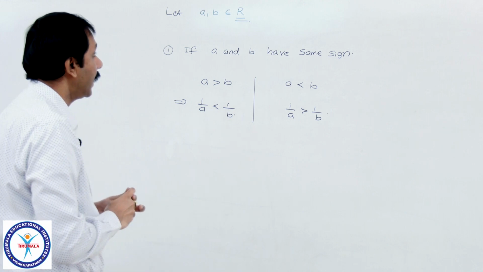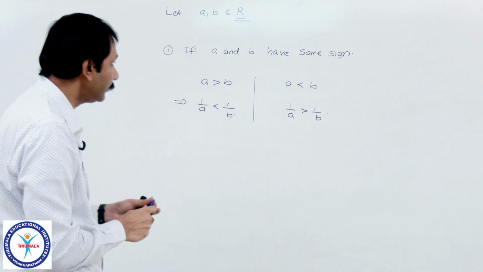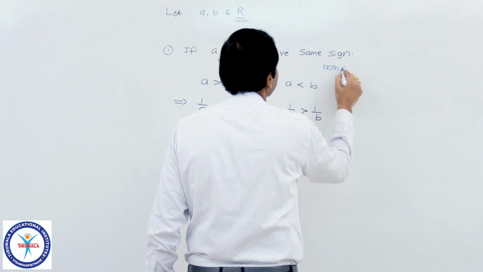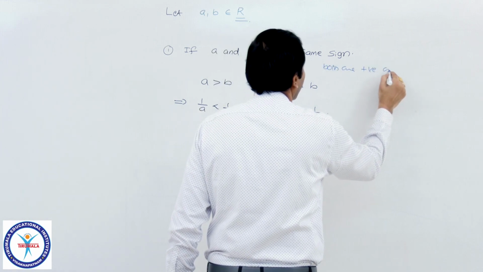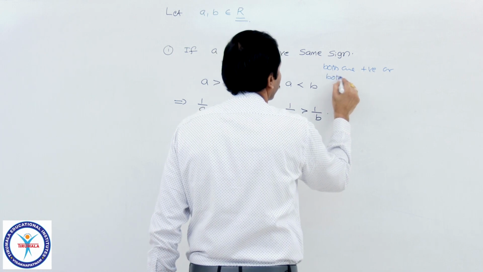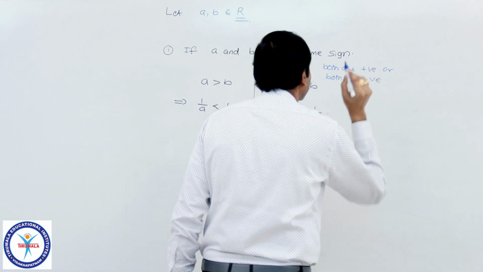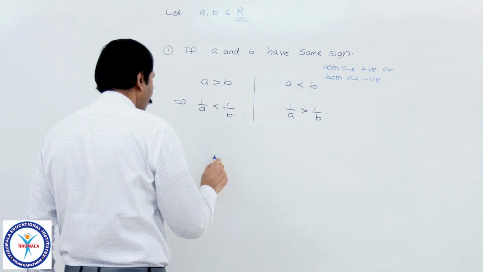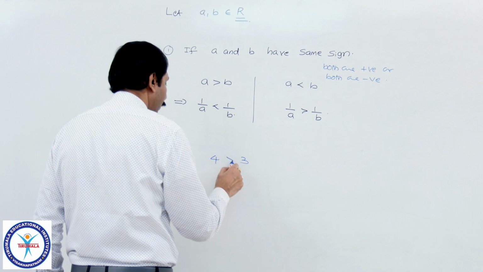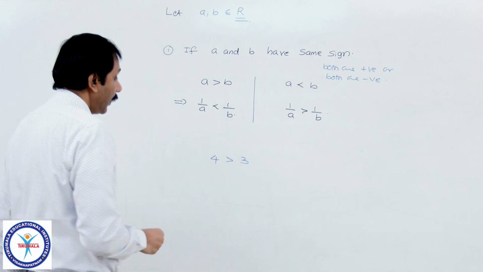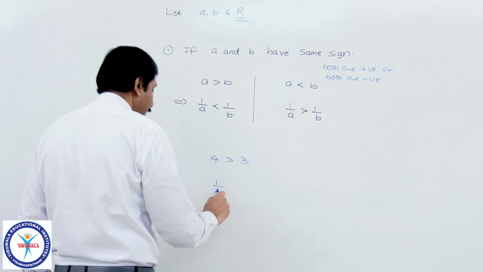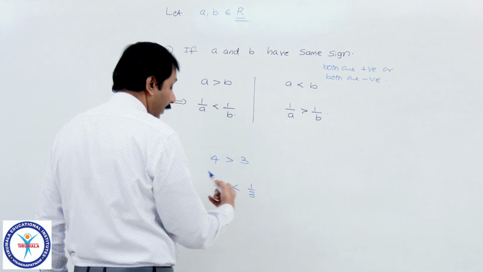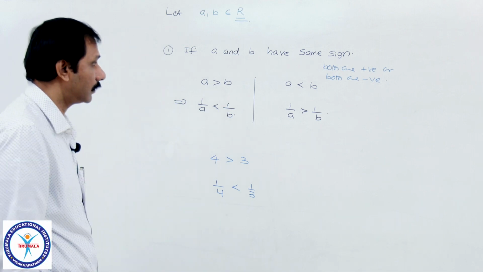But observe, A and B have the same sign, meaning either both are positive or both are negative. If I take 4 and 3, we know 4 is greater than 3. If I take reciprocals, 1 by 4 and 1 by 3, yes, 1 by 3 is greater than 1 by 4.